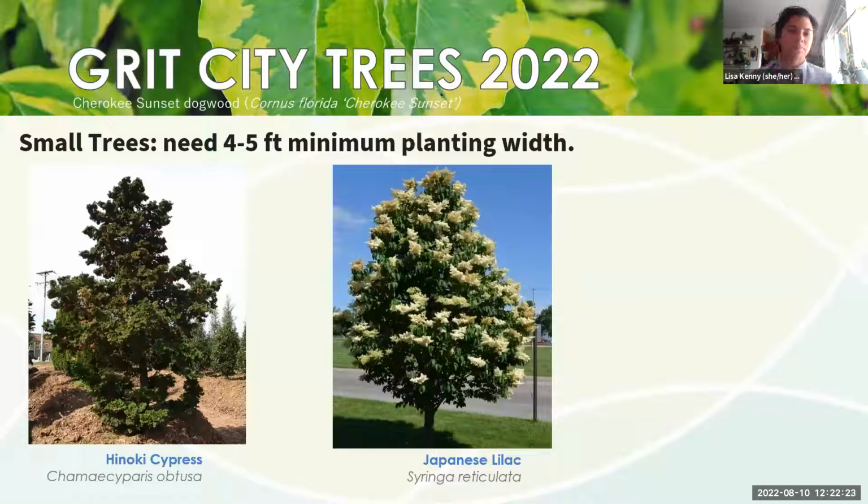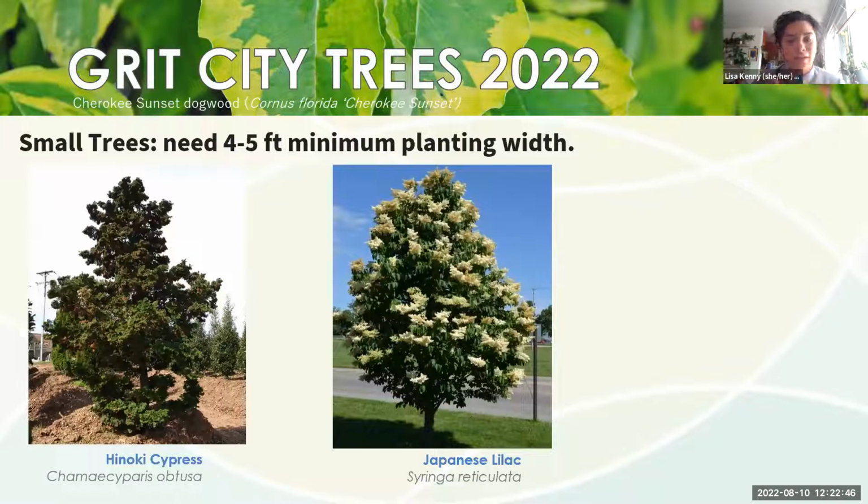These two trees are what we're calling small trees. They will fit in planting spaces that are 4 to 5 feet wide. The Hinoki cypresses get about 20-ish feet tall. People like them because they fit in kind of narrow spaces.